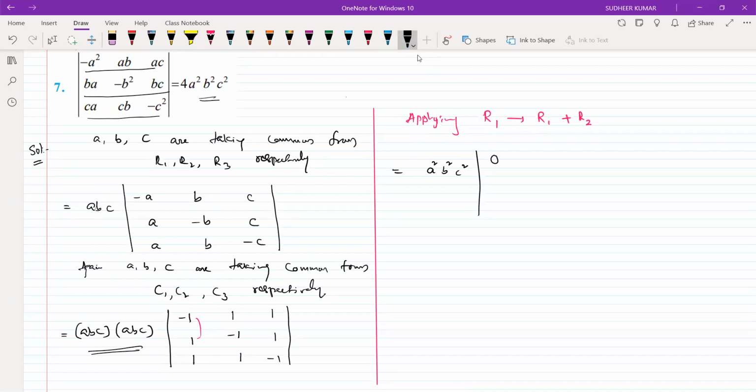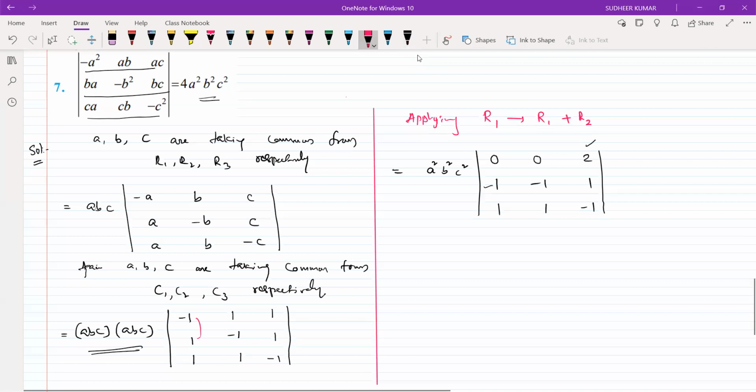The next one is also 0, and the next is 2. The remaining rows remain the same: 1, minus 1, 1, and 1, 1, minus 1. Next, either we can make this 1 or the other one we can make 0.